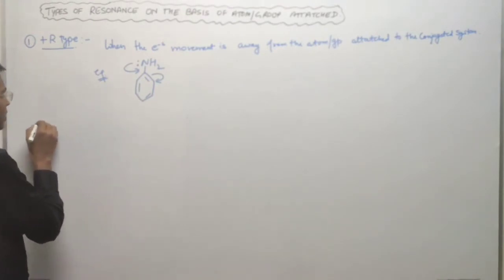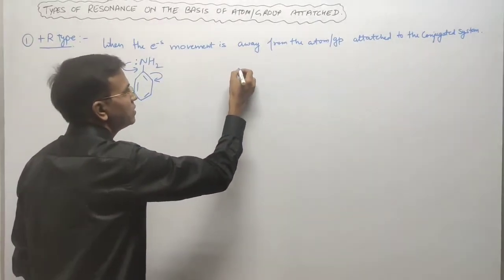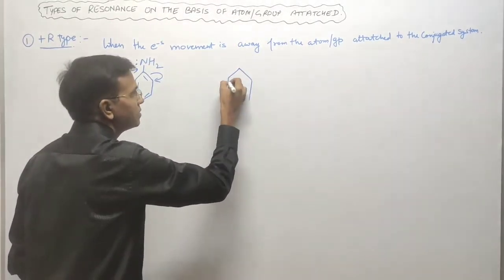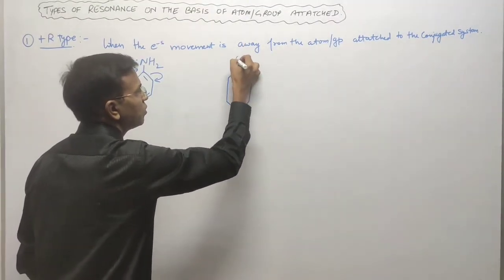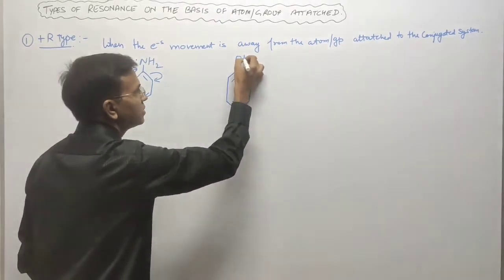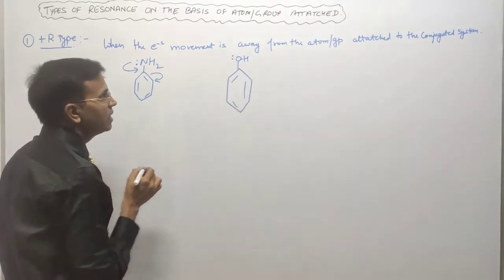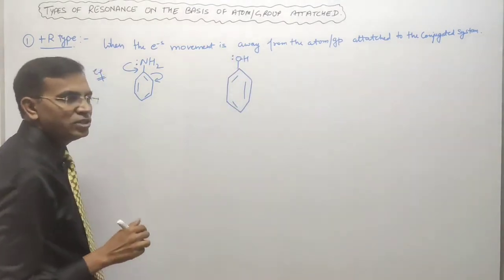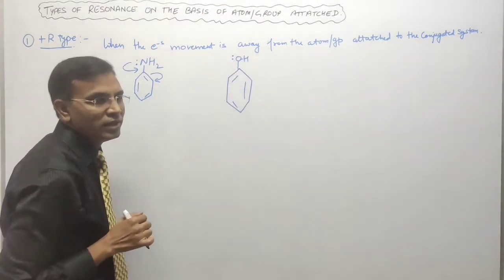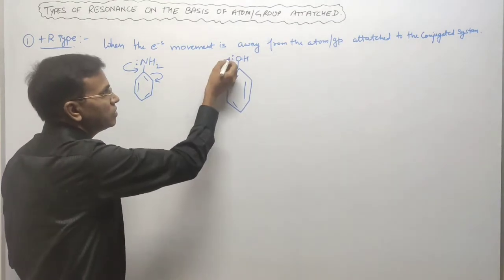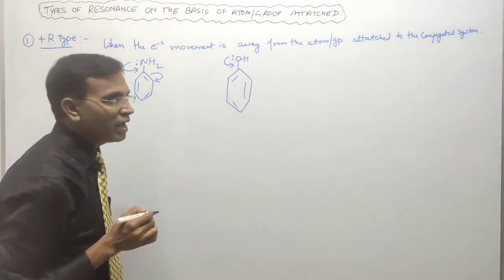Now come to one more example. Suppose here phenol is given, right? In this phenol, a lone pair is present on the oxygen atom and it is in conjugation with the pi electrons of the benzene ring: lone pair, single bond, and pi electrons. So the lone pair of electrons delocalizes with the pi electrons in the benzene ring.